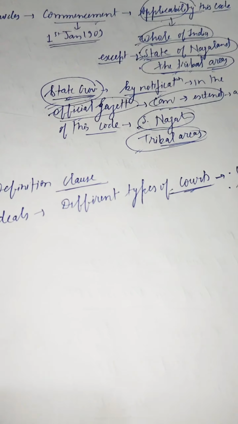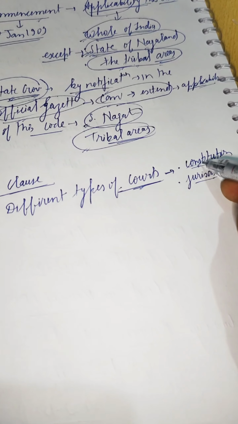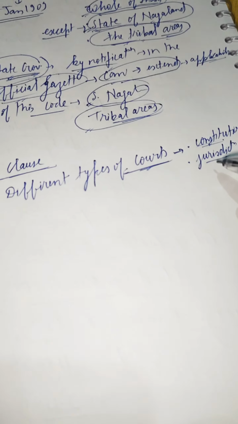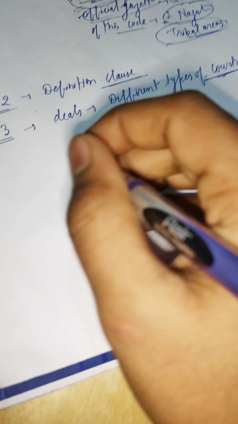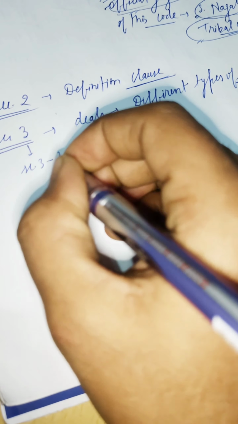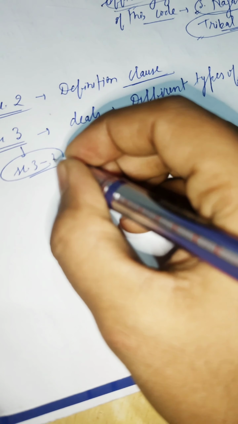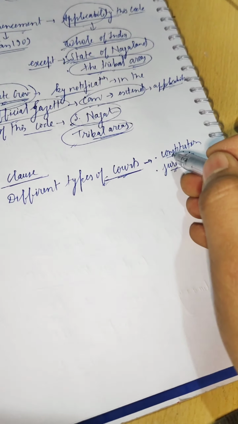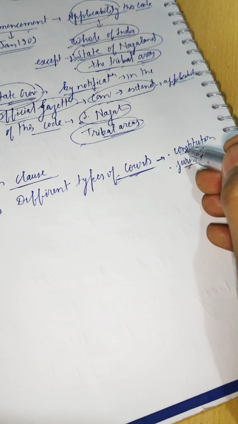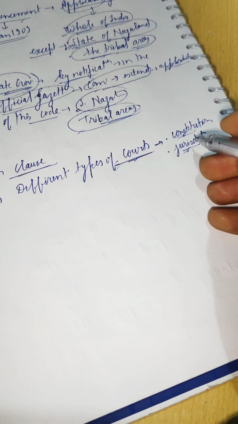There are how many types of civil courts, how these courts are constituted, and what the jurisdiction of those different types of courts would be. This will go from section 3 to 8, where we will discuss the different types of courts, how they are framed and constituted, and what their jurisdiction is.